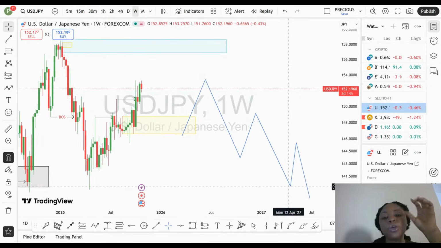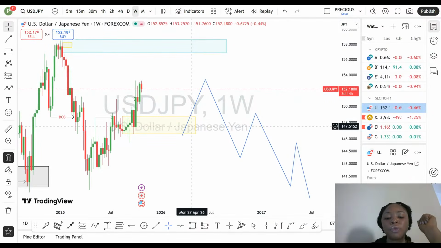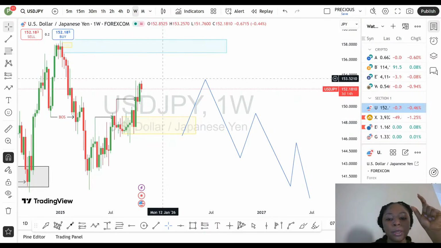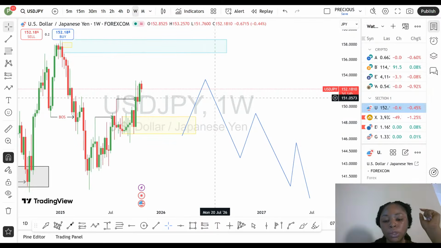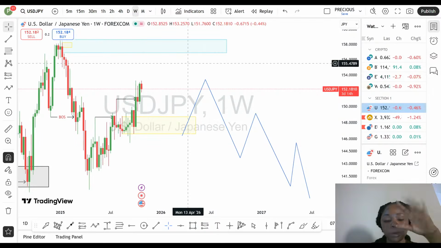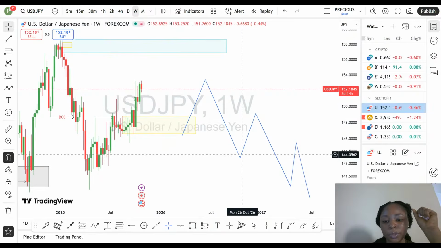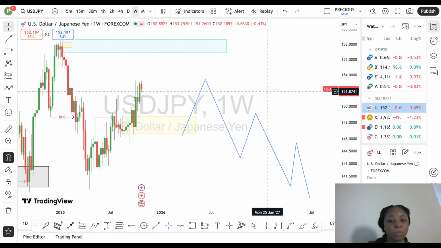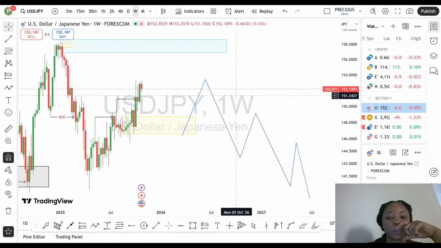So you can as well follow the pullback upward to buy, mitigate a bearish order block, then you follow the direction of the price to the downside again. You buy from this low to this region, you mitigate a bearish order block, and you move down again. That is how market structure works in the market.